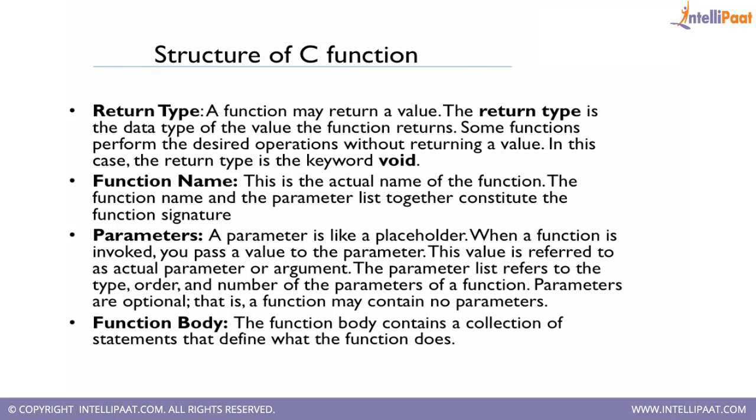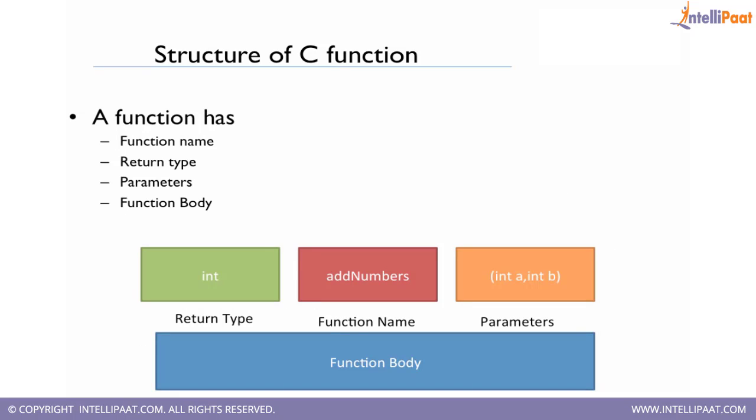So let's do some more illustration on this. Return type: a function may have a return value. A return value is the data type of the value the function returns. For example, here the add numbers function is returning an integer data type. So the return type is a kind of data type.